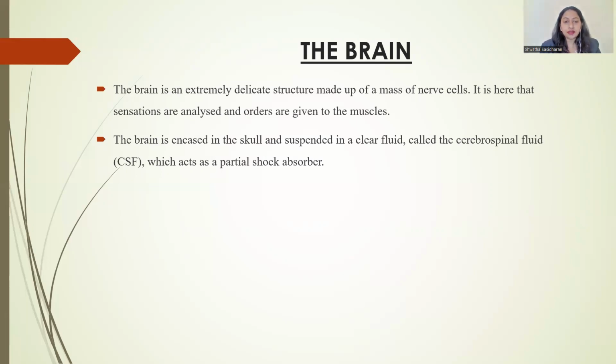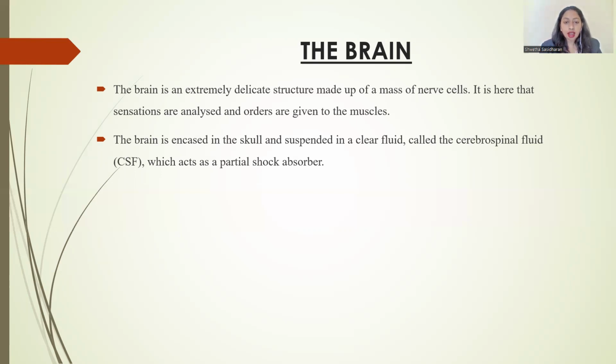Hence, the protection is given by the skull. The skull is a very hard bone. After the mandible, which we can find on the jawline, the skull is the strongest bone in the body, which helps the brain to stay inside it and be protected.